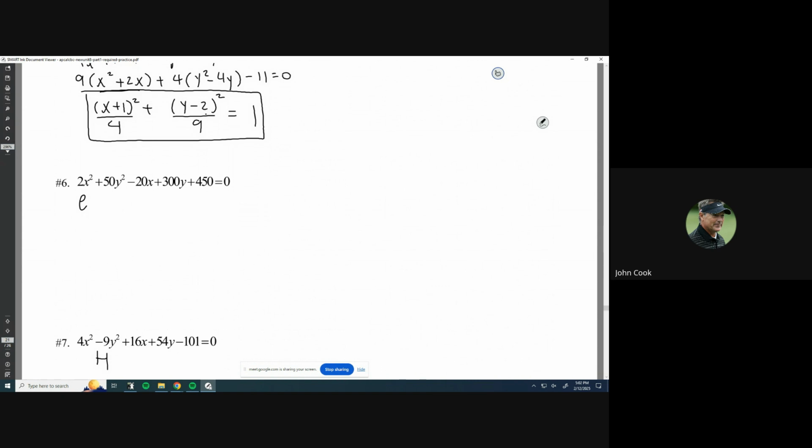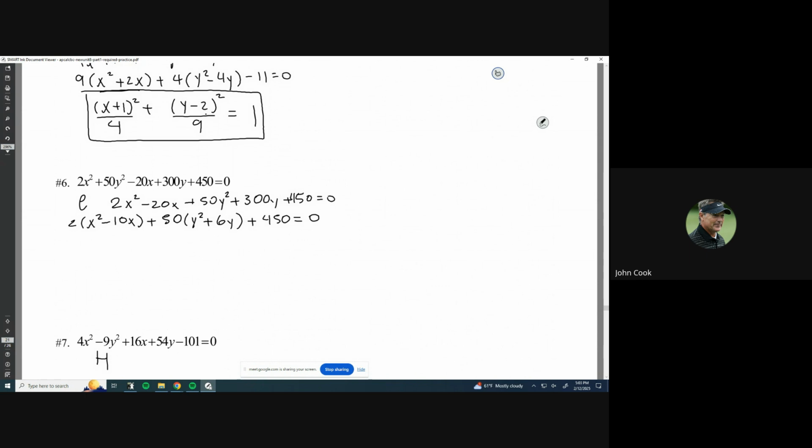Similarly, you just do the same steps here. So 2x squared minus 20x plus 50y squared plus 300y, oh my, plus 450 equals 0. And factor out the 2, so 2 and then x squared minus 10x plus 50 y squared plus, oh gosh, 300 divided by 50 is 6, so 6y plus 450 equals 0.